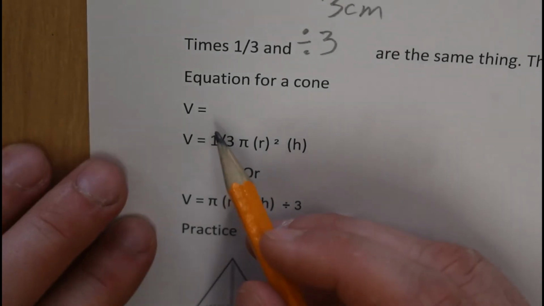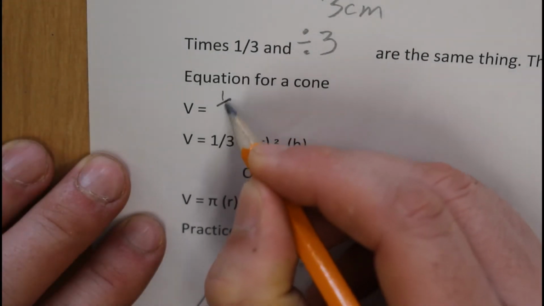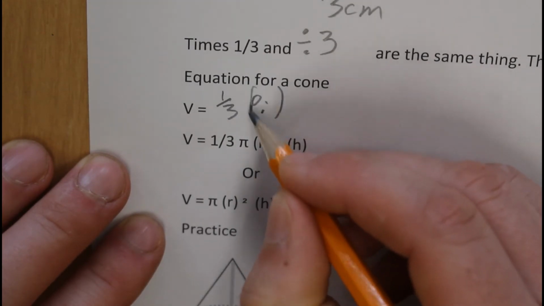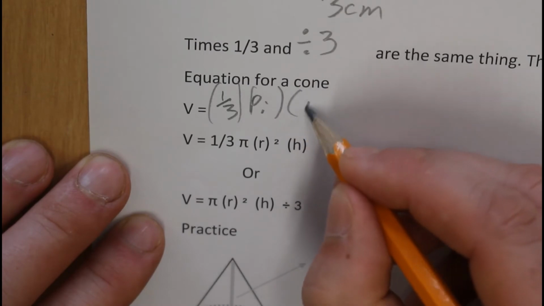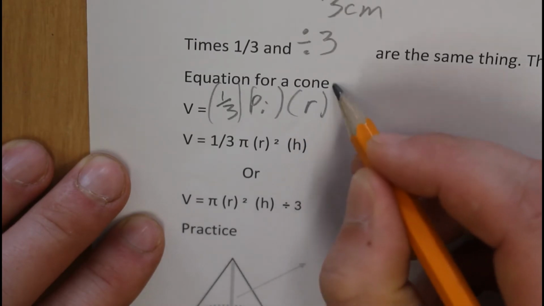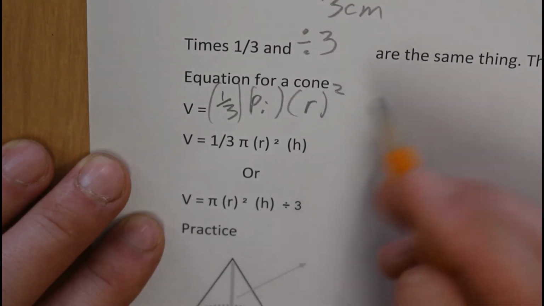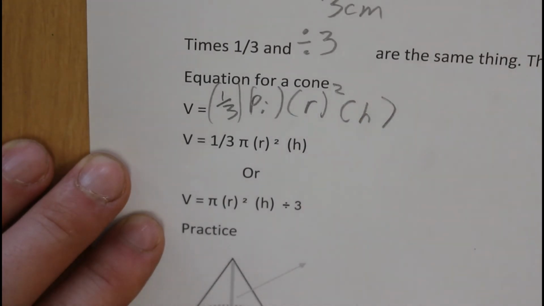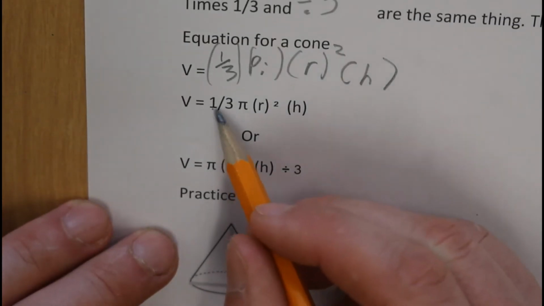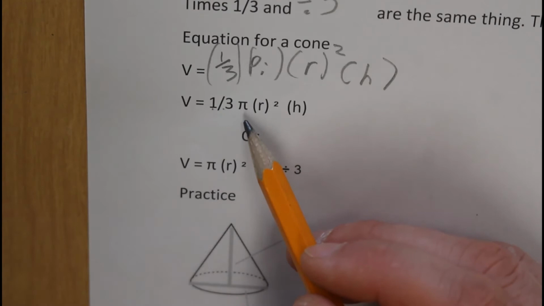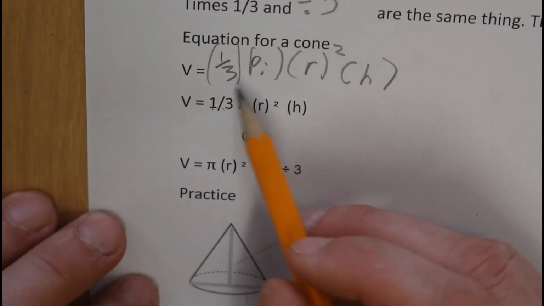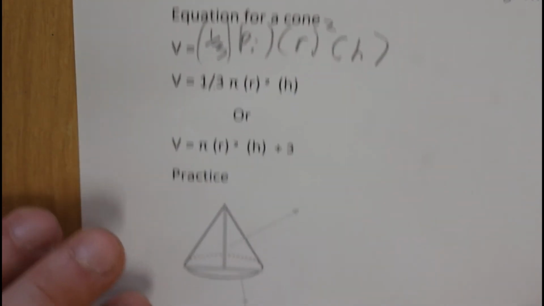So we could look at this equation right there: 1/3 times pi times radius squared, which is the same as radius times radius, times height. We've got all our different parts there.